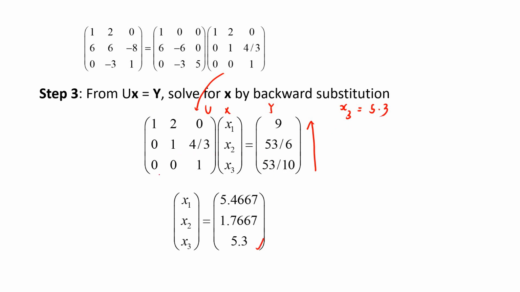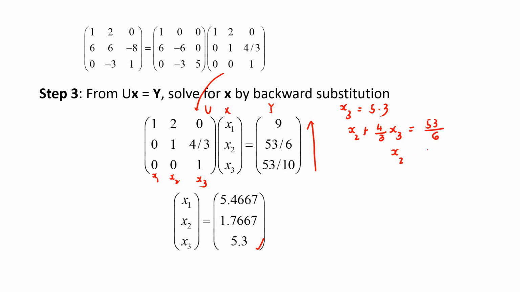Second equation, between x1, x2, x3: 1 x2 plus 4 over 3 x3 equal to this value, 3 over 6.